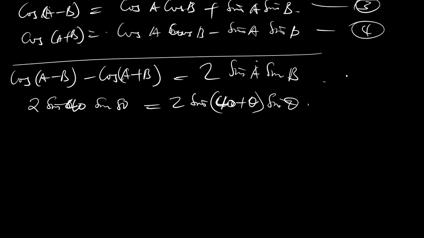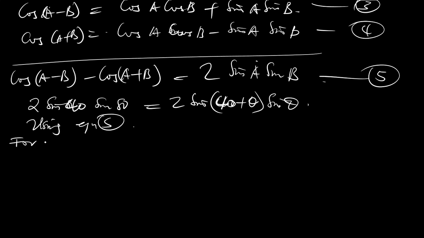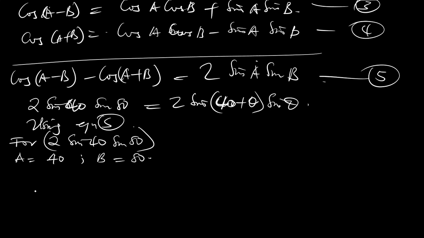Now using equation 5, for 2 sine 40 sine 80, you will notice that A is equal to 40, while B is equal to 80. Now substituting that into equation 5.